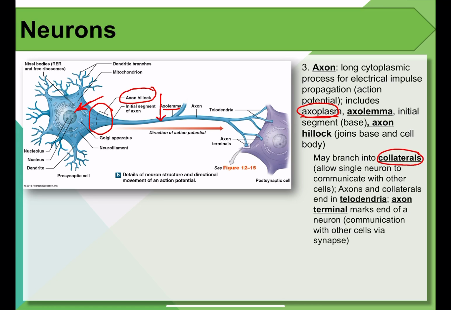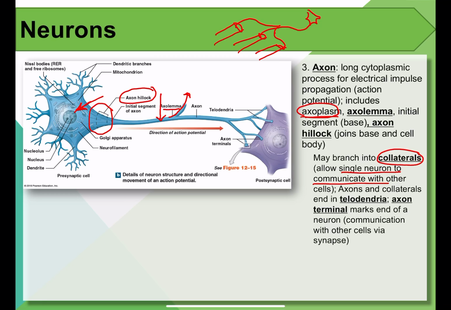So this right here, a branch off of the main axon, is still part of that neuron, just branching out. Remember we talked about how a motor unit is one neuron that can connect to multiple different muscle fibers. We talked about that in the previous chapter. Those could be a result of collaterals. So this is how a single neuron can communicate with multiple cells, because they're able to split and have different feet for communicating with different things.